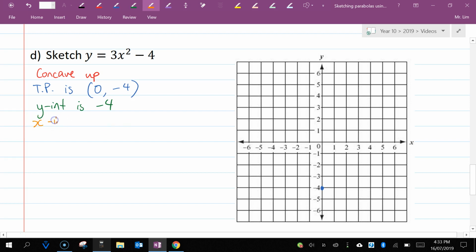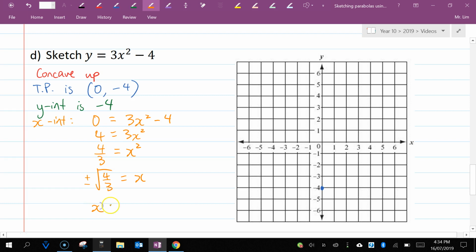X-intercepts, we let y equal 0. 3x squared minus 4. Let's add 4 to both sides. Divide by 3. And square root is equal to x.